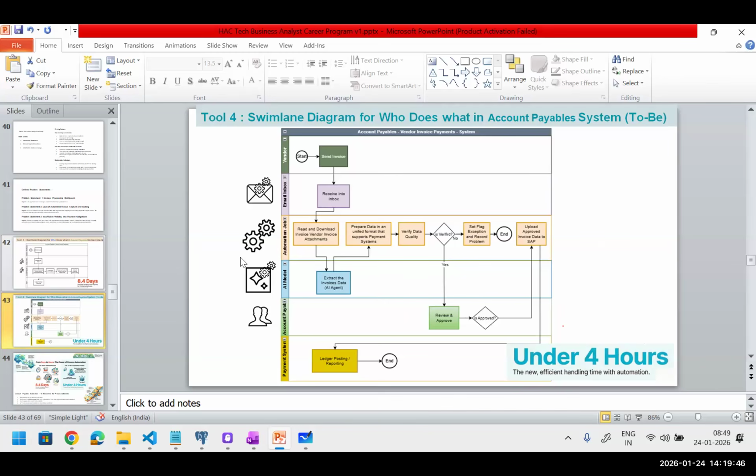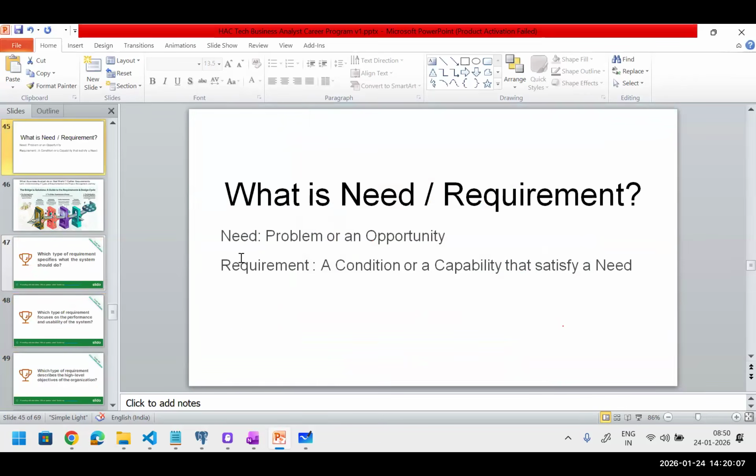With the help of our technical architect, as I told you in the earlier project exercise, solution architects and technical leads will help us decide whether we solve this with a mobile application, an AI application, or some kind of automation. Accordingly, we should be able to write the requirements.